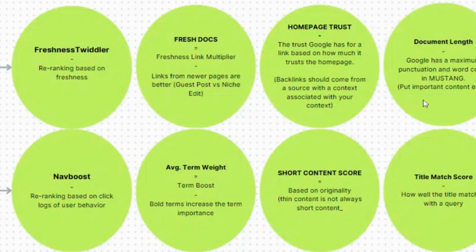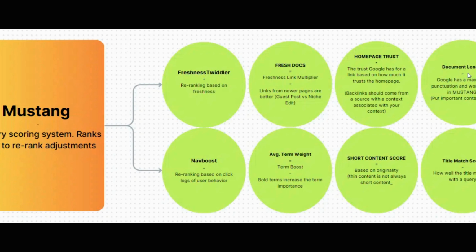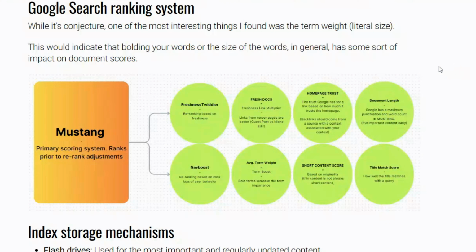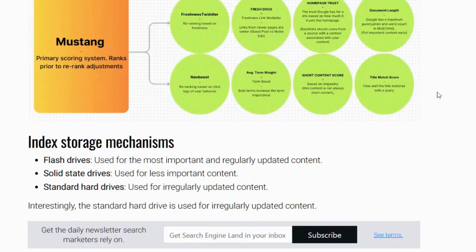And we'll come back to this. Length of the document, title match score, how well the title matches with the query, which is something that we already optimized for, but has been confirmed here. So I think those are some good things to look at when you're putting together your pages. And a lot of these things we already knew, but again, this just confirms it.